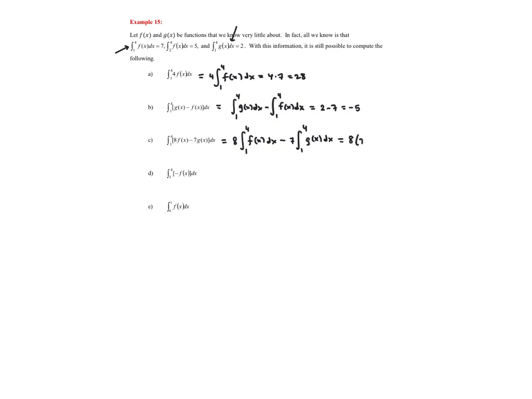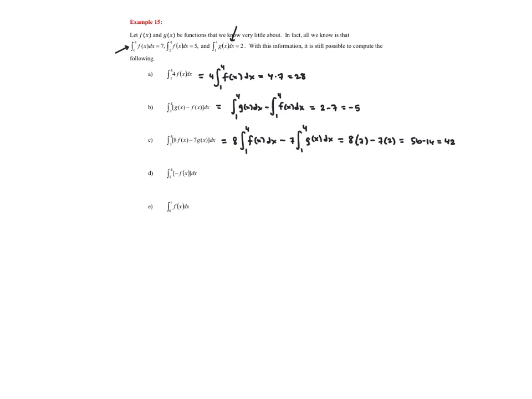That would be 8 times 7 minus 7 times 2. I believe, hold on, f of x from 1 to 4 is 7, that's good. G of x from 1 to 4 is 2, that's good. Therefore, I would have 56 minus 14, which is 42.